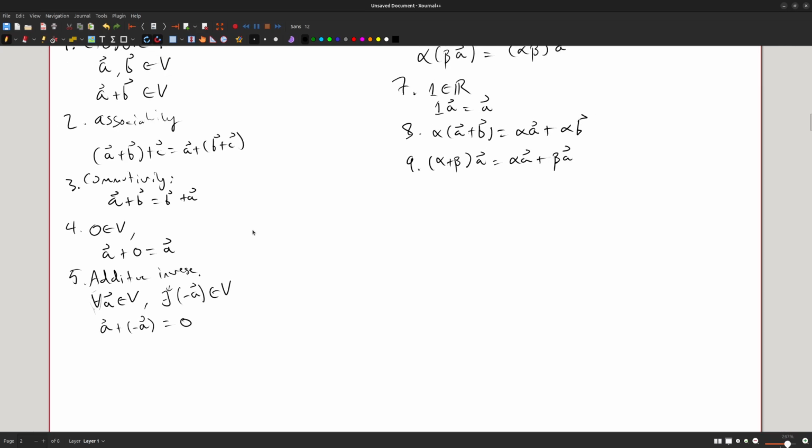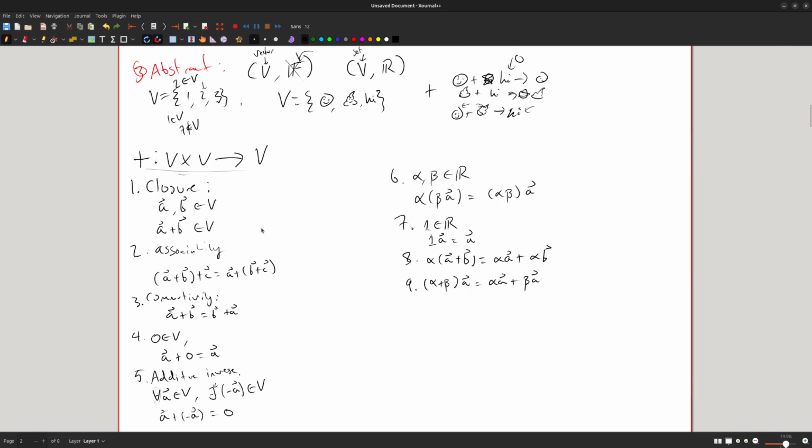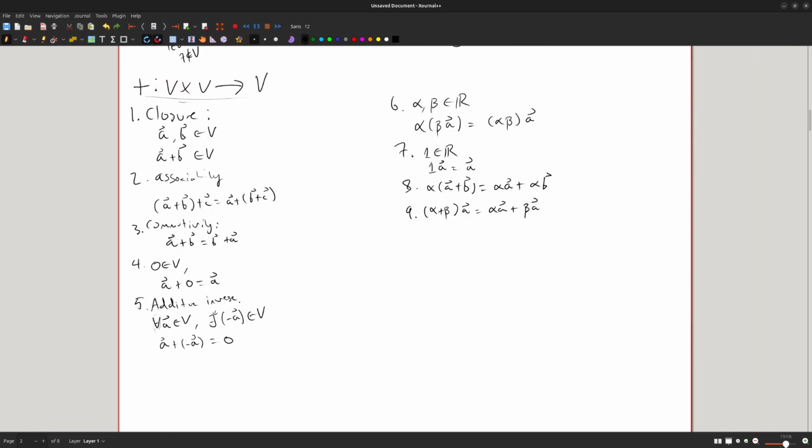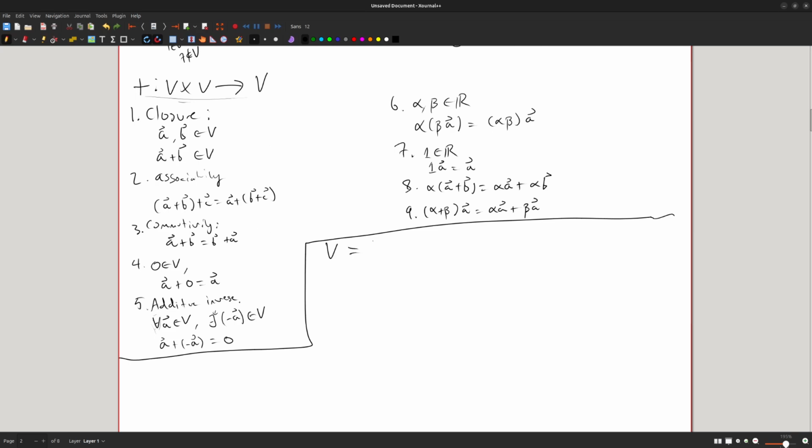works. That's the abstract definition of a vector space. Let's connect it back to what we already had. So what we already had is our set V was just the set of all two component vectors, right? So it's just R squared. That's what you call R squared.